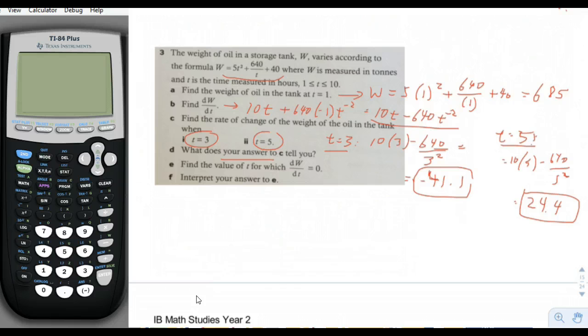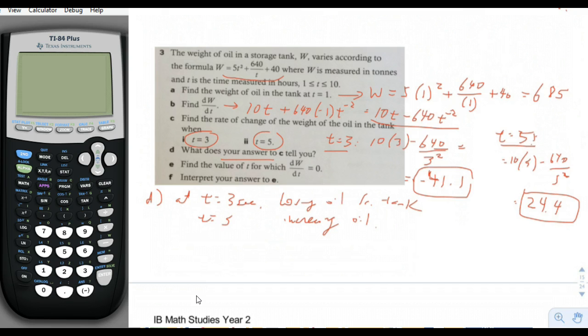It tells me that at t equals 3 seconds, we are losing oil from the tank, and at t equals 5, we are increasing oil.